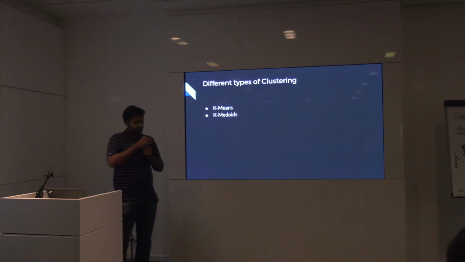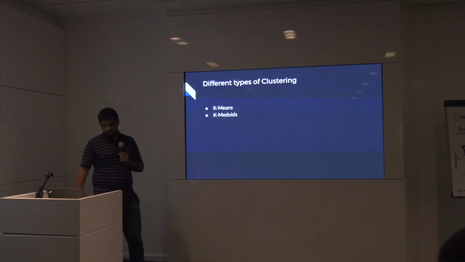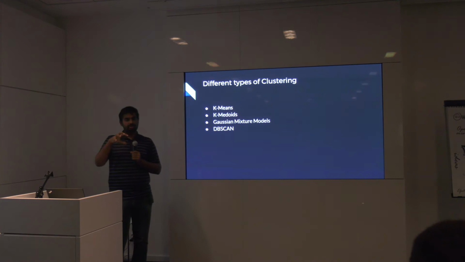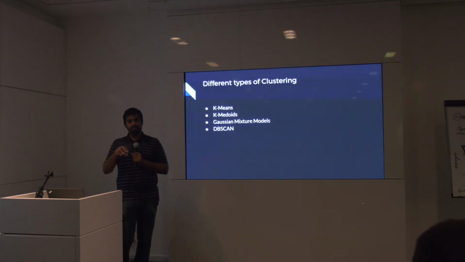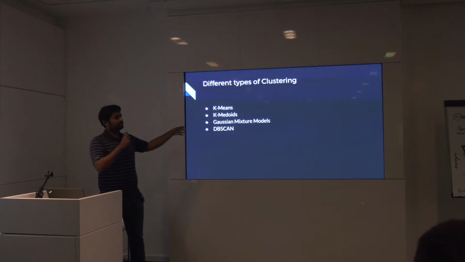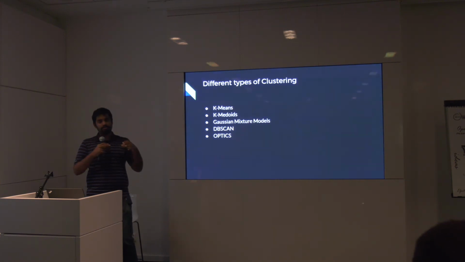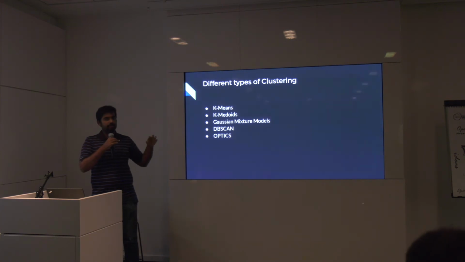Depending upon the algorithm that you use, there are different clustering methods. k-means is basically like the mean: the center of a cluster is the mean of all the points that belong to the cluster. k-medoids is similar, but instead of taking a mean, you take a median. Gaussian mixture models model the entire data set as saying, I have n different Gaussian distributions that give rise to the data set, and I want to figure out the mean and variance or covariance of each of the distributions.